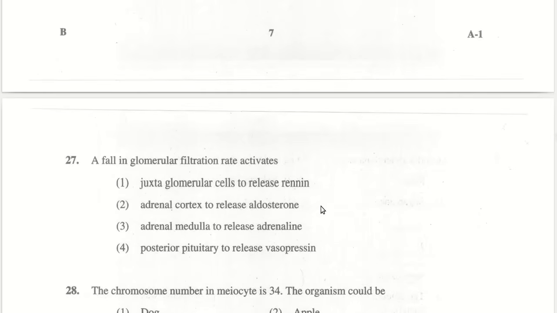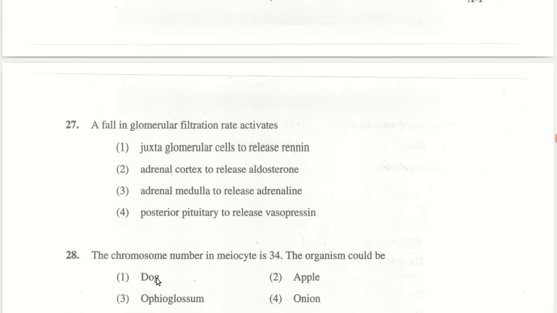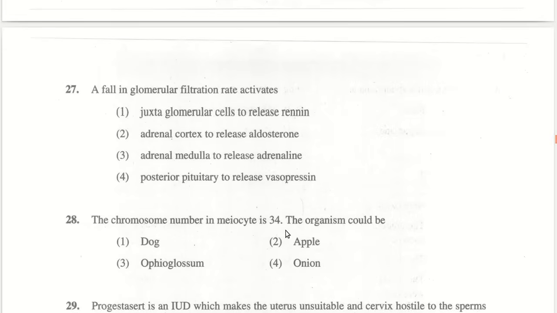A fall in glomerular filtration rate activates... Here the answers given and the question do not match. So the 27th was a grace mark question, and anyone who attempted it obtained grace marks. 28. The chromosome number in a meiocyte is 34. The organism could be apple.